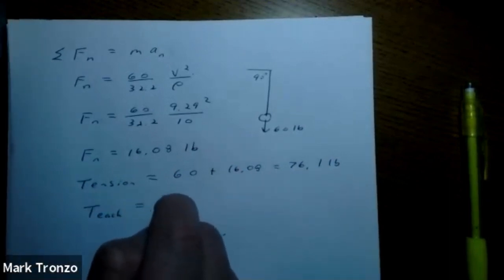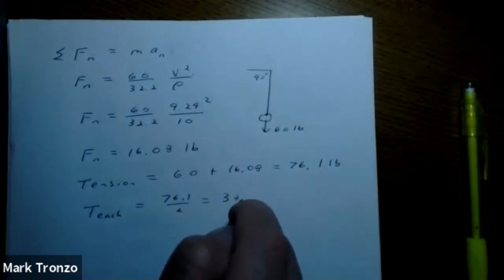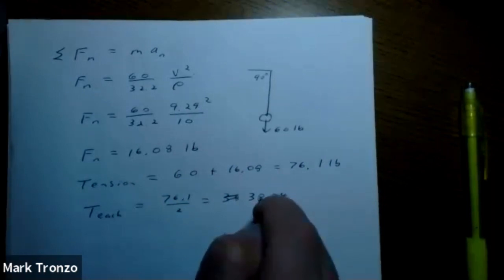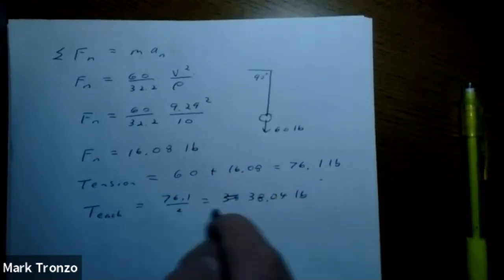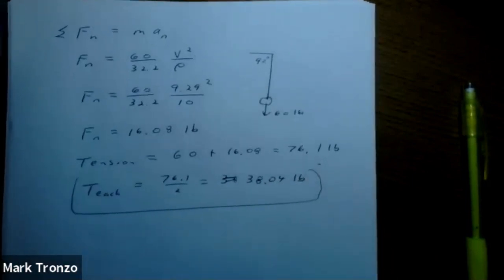And the tension in each cord is going to be that divided by 2, around 38.04 pounds.